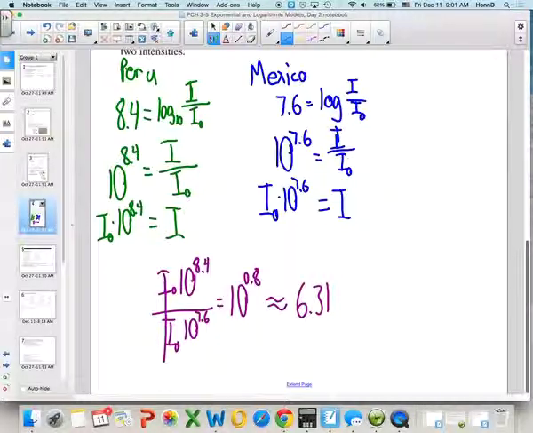And this isn't the only thing that's measured this way. The I sub naught is basically what's the intensity, so to speak, if there's no earthquake at all. And there's always little rumblings going on under the surface, okay? So that's kind of our baseline, and that's what they're accounting for here. So compared to normal, then we have these intense shock waves going through, and they measure those, okay?